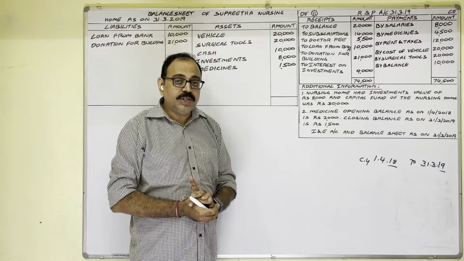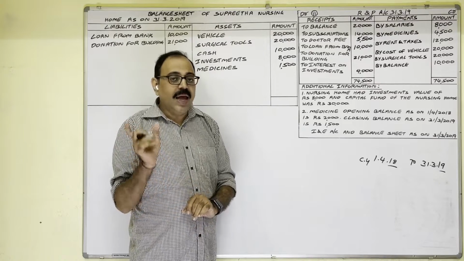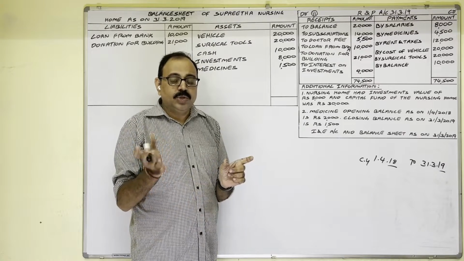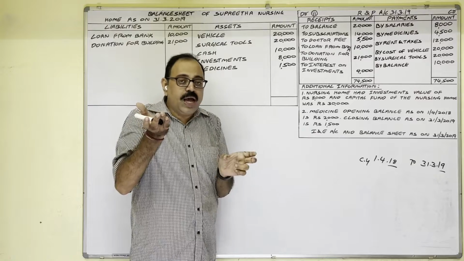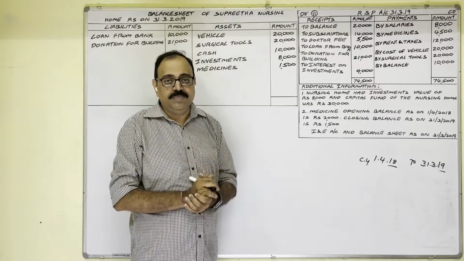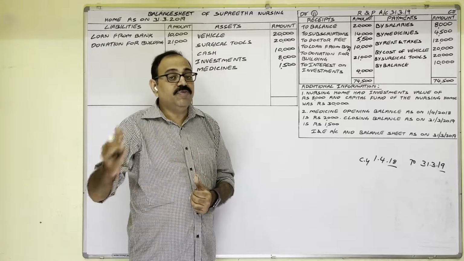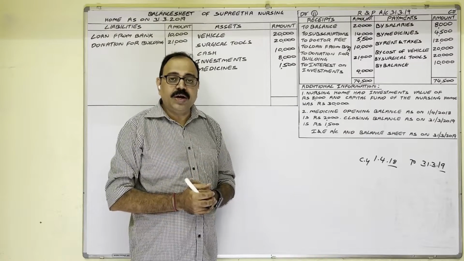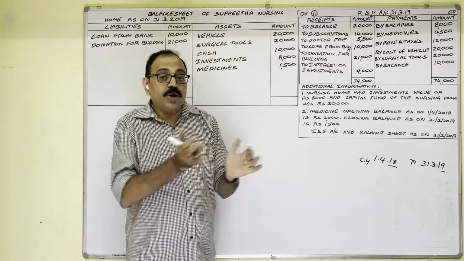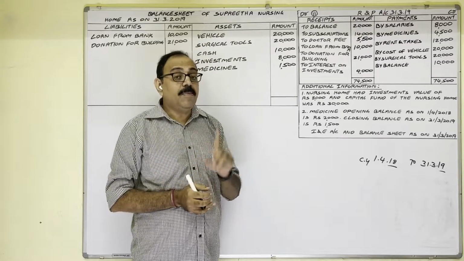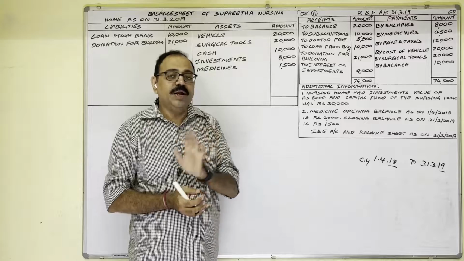So capital fund means what? The difference between assets and liabilities. Excess of assets over liabilities is known as capital fund. To this capital fund, surplus will be added, deficit will be subtracted. Capital fund from one year to the next year we have to carry forward. That is why capital fund is also known as accumulated fund.